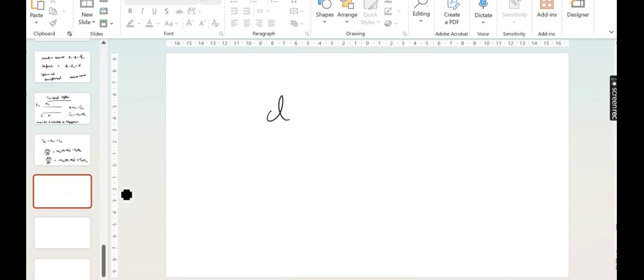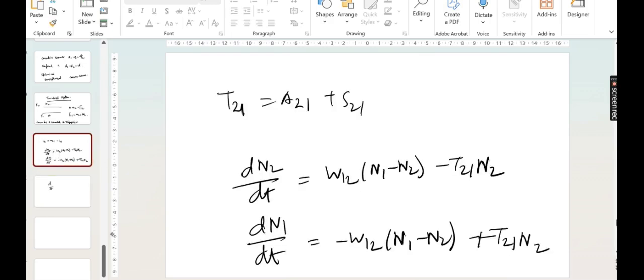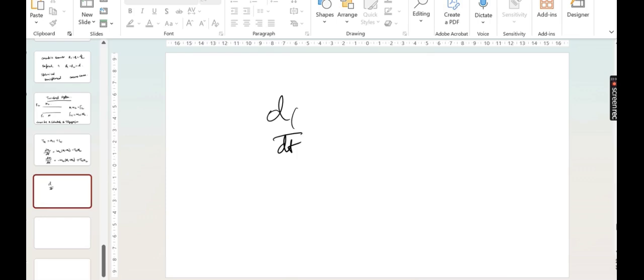By virtue of conservation, the number of atoms leaving N2 should go to N1 or vice versa, so dN1/dt plus dN2/dt should be 0.